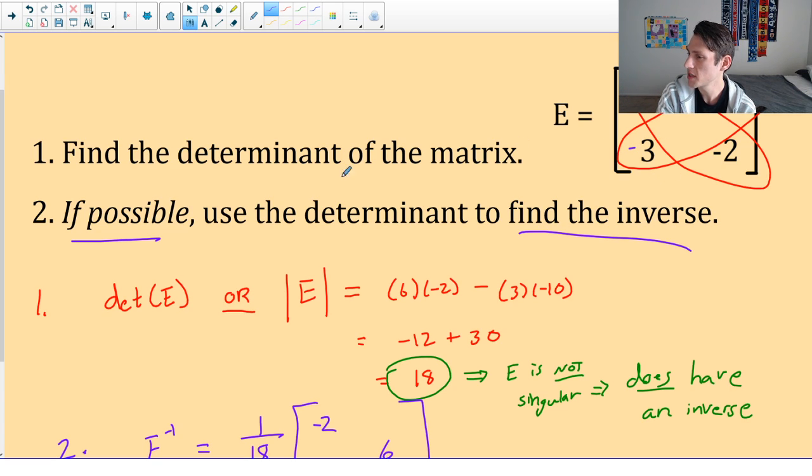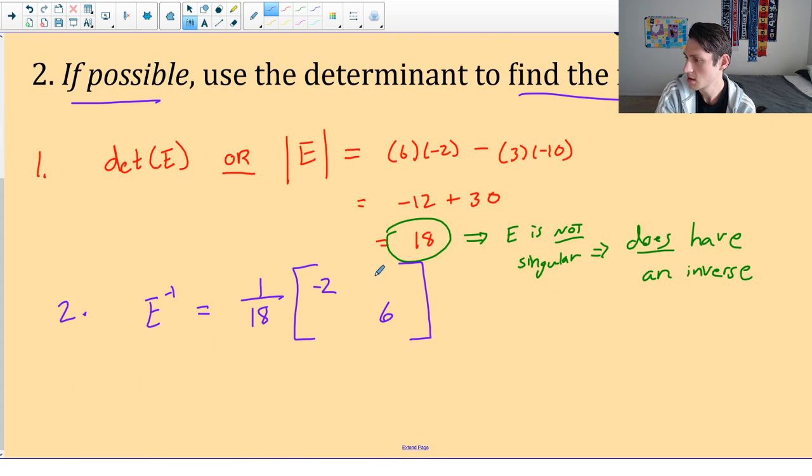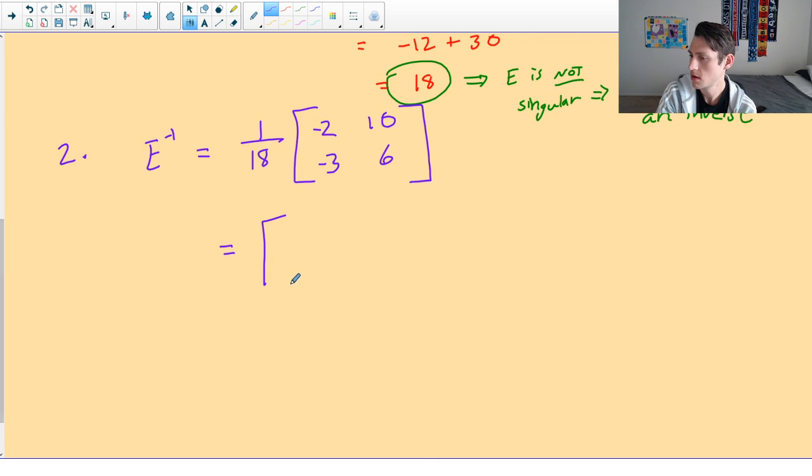So that would be negative negative 10, so positive 10, negative 3. Now let's do matrix scalar multiplication, where we multiply all this stuff by 1/18. So negative 2 over 18, 10 over 18, negative 3 over 18, and 6 over 18.